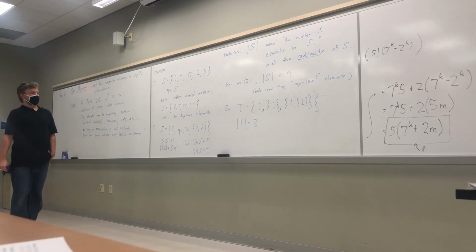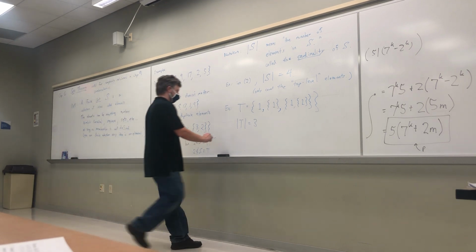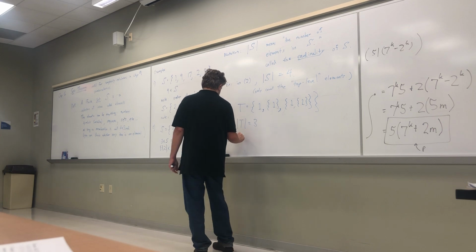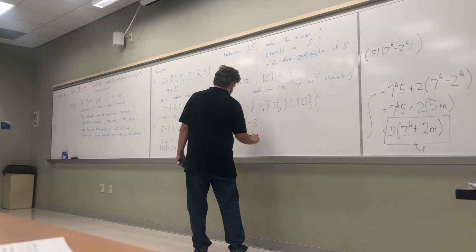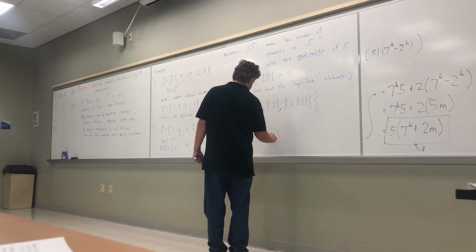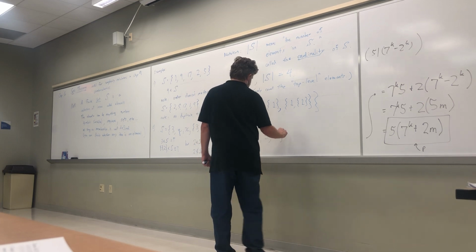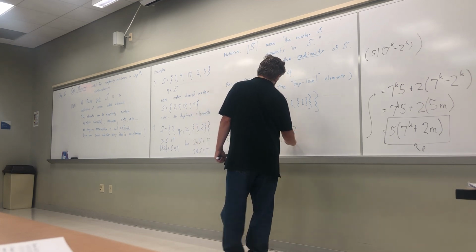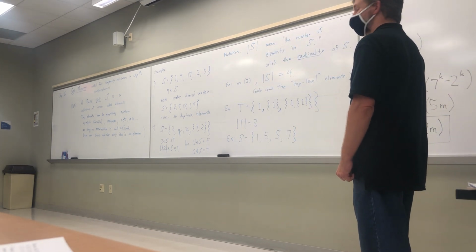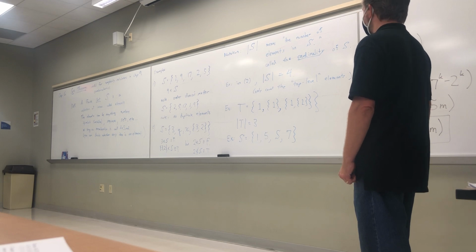You can have lots of nesting going on, but the cardinality only counts what's in the first list. For another example, you could have S equals 1, 5, S, and 7. In that one, it contains a copy of itself as an element.